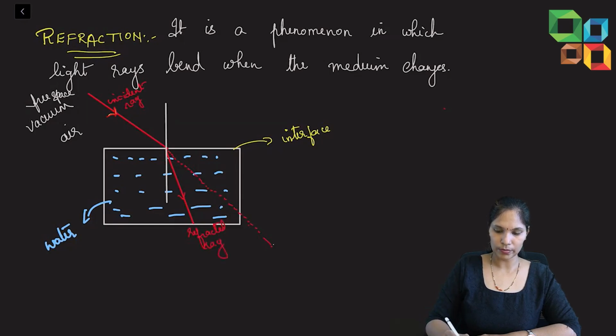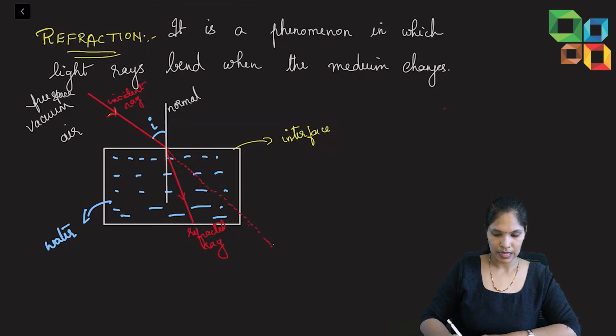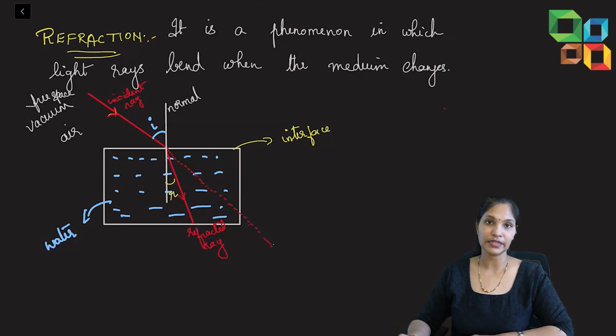And this is the normal. Now, the angle between the incident ray and the normal, what do we call it? Angle of incidence. The angle between the refracted ray and the normal, what do we call it? Angle of refraction. Yes, correct.